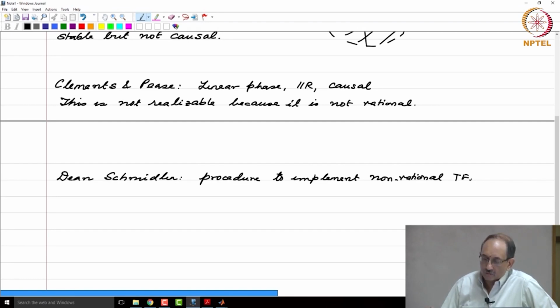So, again this begs the question, all right, you said that was not realizable because it is not rational, but then here comes Dean Schmidlin and he has given a procedure to implement this non-rational transfer function, and as a particular example has given this Clements and Pease filter as one of the things that can be implemented.